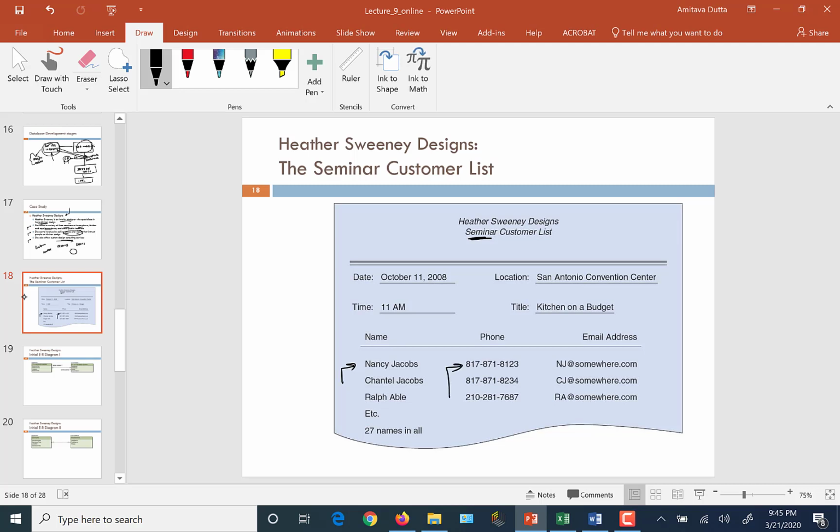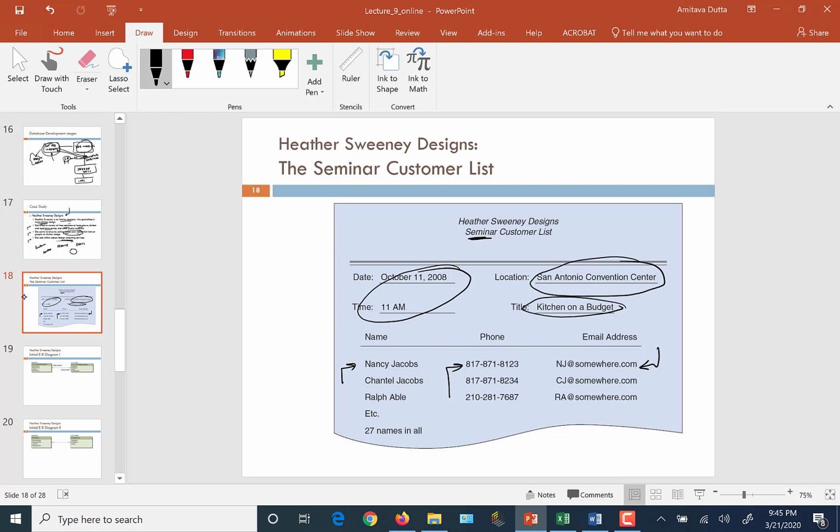So you get ideas of the attributes that you might want to put into some of these entities as you build them up. Okay. So you also have the email address of the customer. Okay. So you have a location for where the event was held. That tells me that one of the attributes of an event will be the location where the event is held. Then the event has a title, let's say Kitchen on a Budget. Okay. Then there is a time and a date for the event.